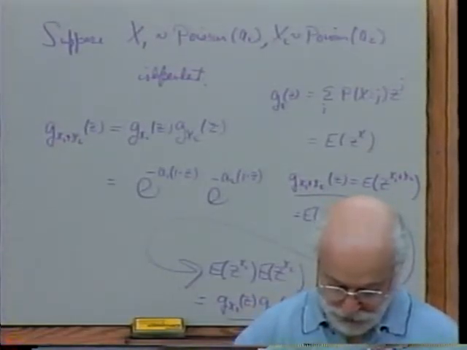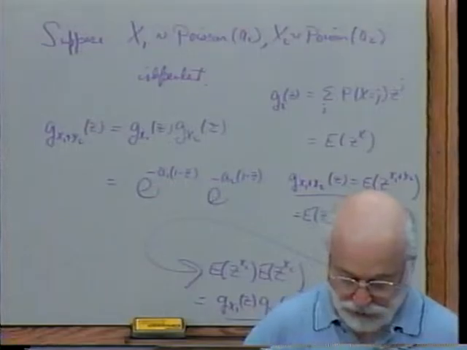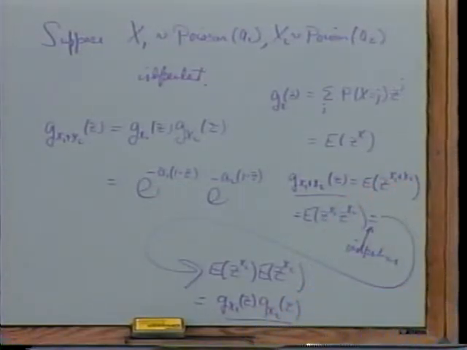And generating functions are used in several ways. One of those ways is that you write equations which represent the relationships of probabilities with respect to each other, and then you multiply through by z to the j and sum. And then the end result is another equation, which is generally a simpler equation for the generating function.